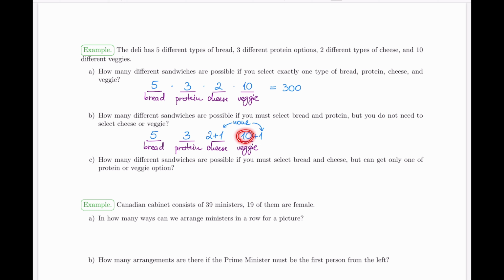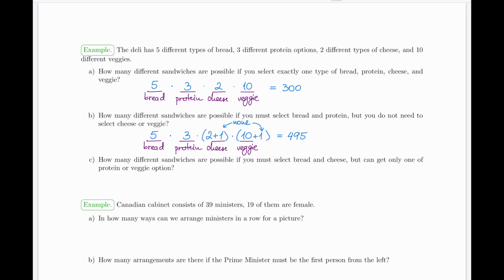I either pick a vegetable or I do not. So now I do have to pick bread and a protein. I have to decide on cheese, no cheese, and I have to decide on what veggie or no veggie. So altogether, these are going to be connected by a multiplication. And I actually have the number here. It should be 495.